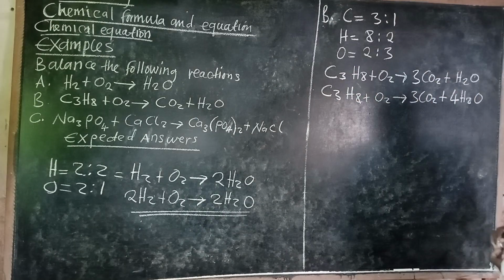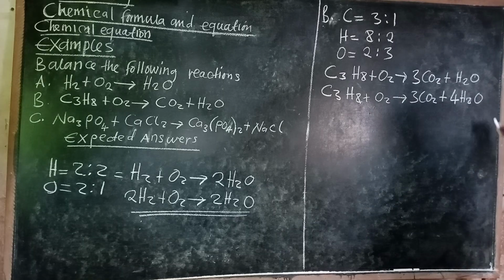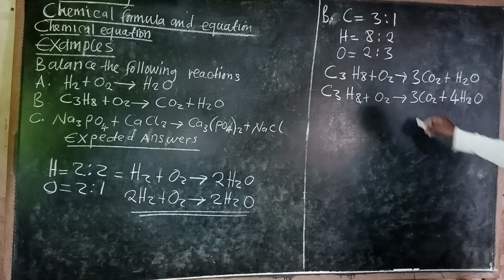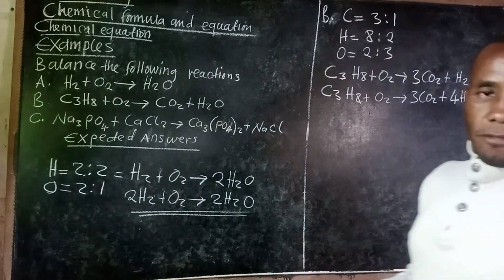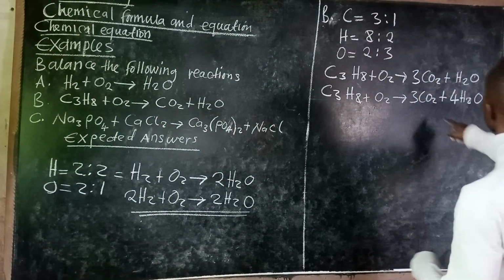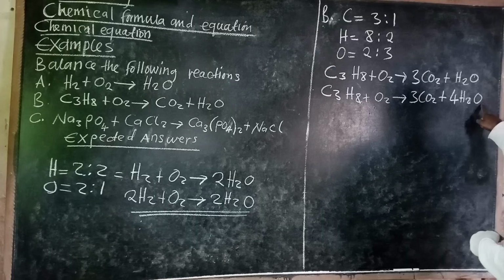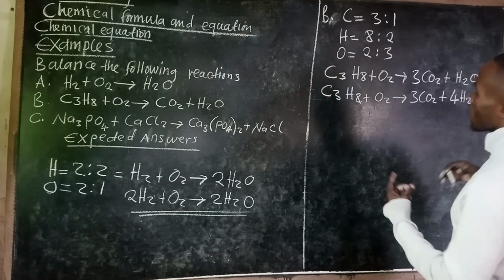Then this 4 has affected the oxygen again. Oxygen now is 10, because 4 times 1 is 4, plus 3 times 2 is 6, which is 4 plus 6, 10.